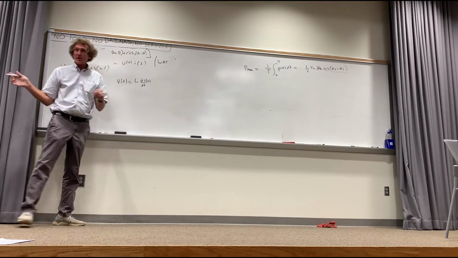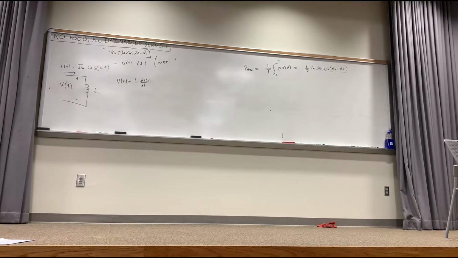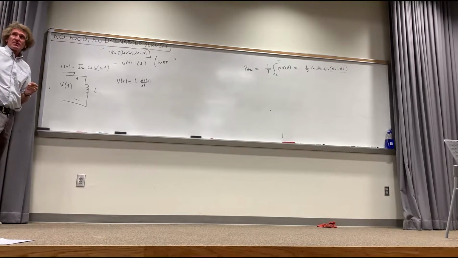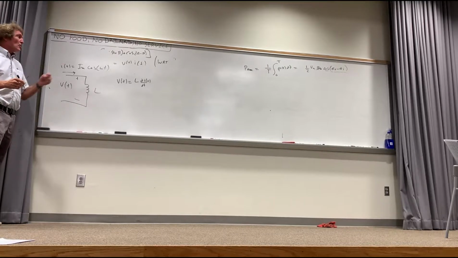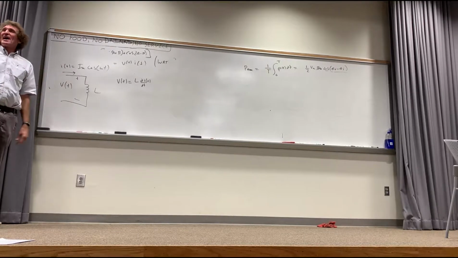Isn't it, class? I don't know if you remember that, but for the capacitor, in terms of its differential equation, I of t is equal to C dV dt, as well as the voltage across an inductor in terms of the differential form. I said that wrong.